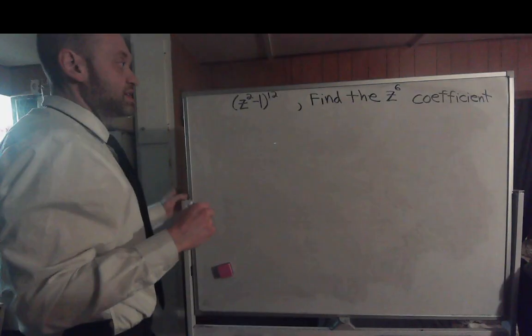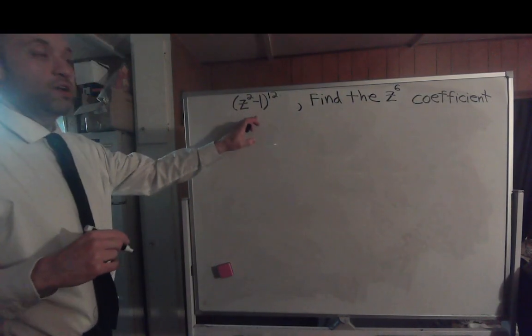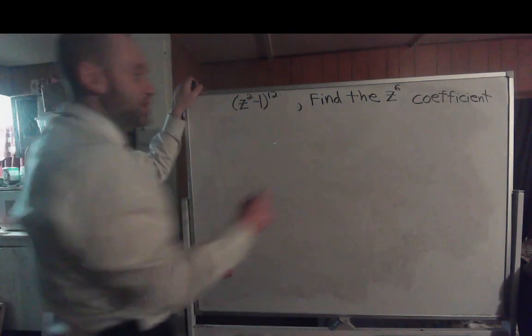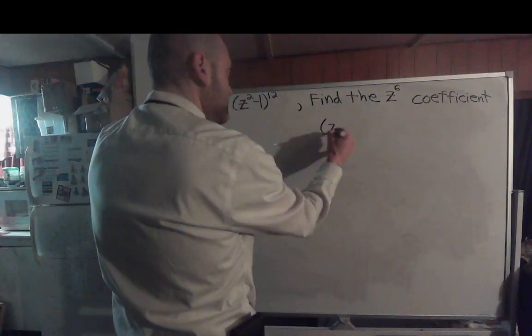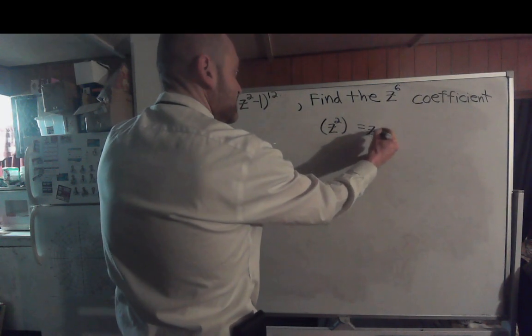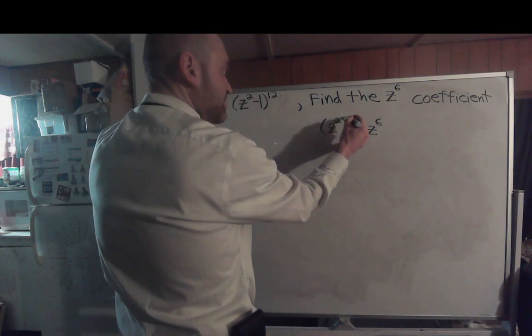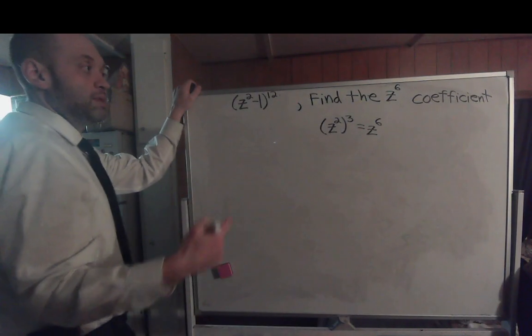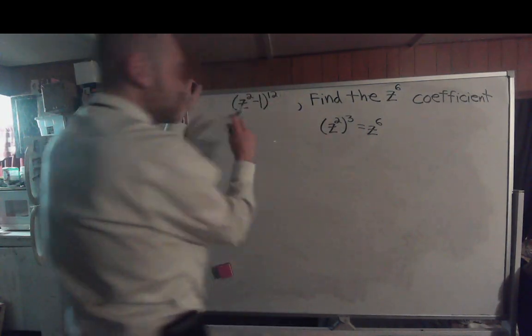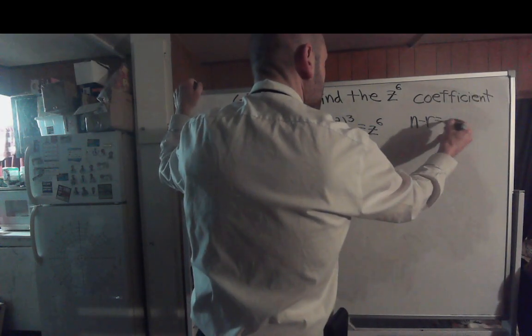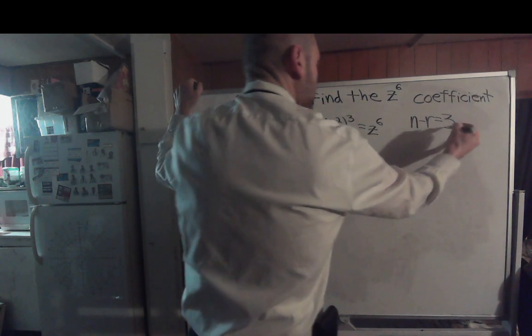Z to the 6th, well, you have a z squared inside your parentheses, so we have to figure out z squared to what power equals z to the 6th. If I took the z squared, raised it to the 3rd power, I would end up getting the 6th. So my first term is the z squared, meaning my n minus r equals 3.